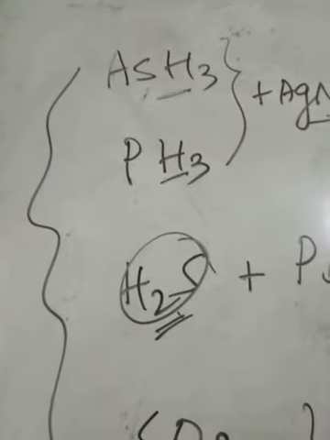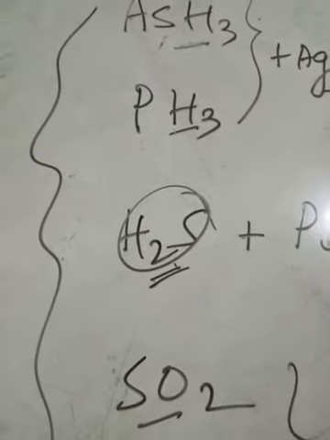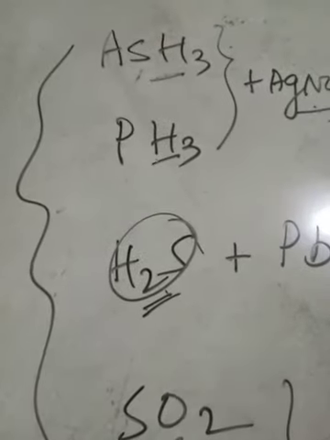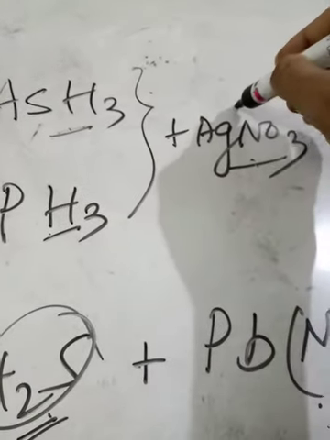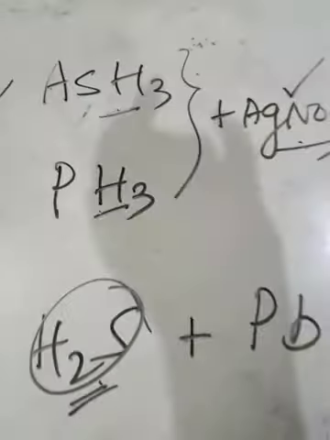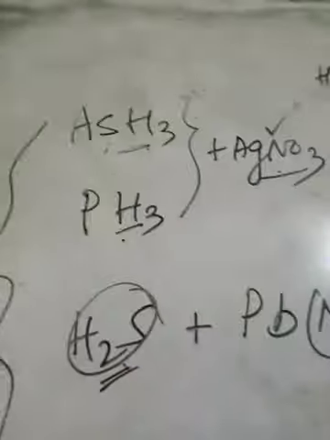So, after preparation, when the hydrogen gas passes through the side tube from the round bottom flask, it is purified by passing at first through silver nitrate solution, which removes arsine and phosphine.